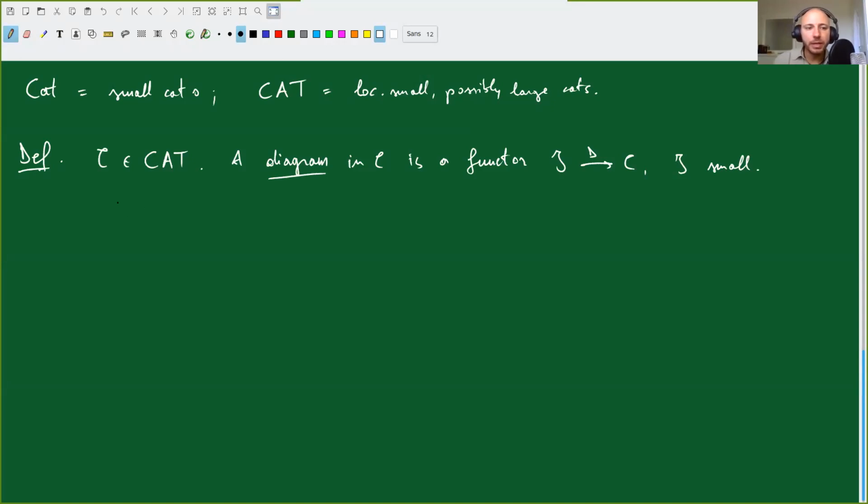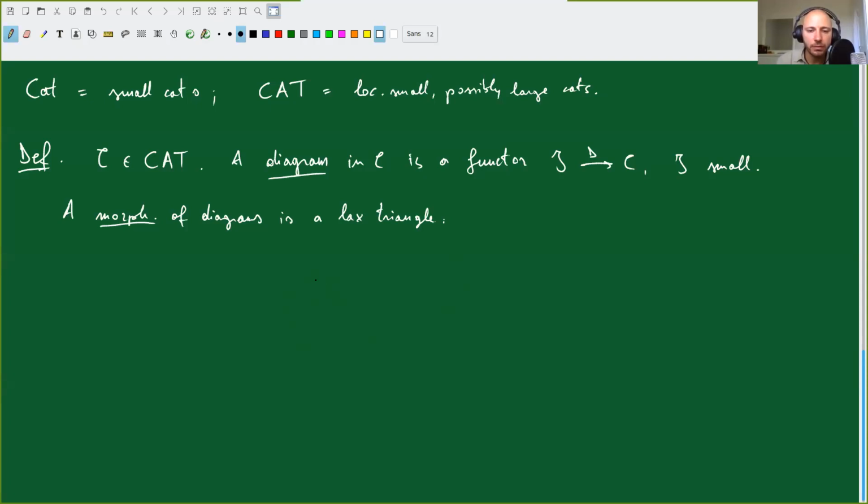But most importantly, and here's where you actually see the Grothendieck construction, a morphism of diagrams is a lax triangle in this form.